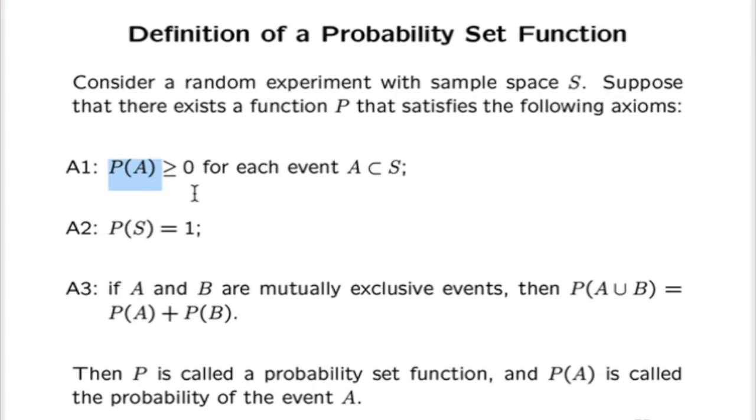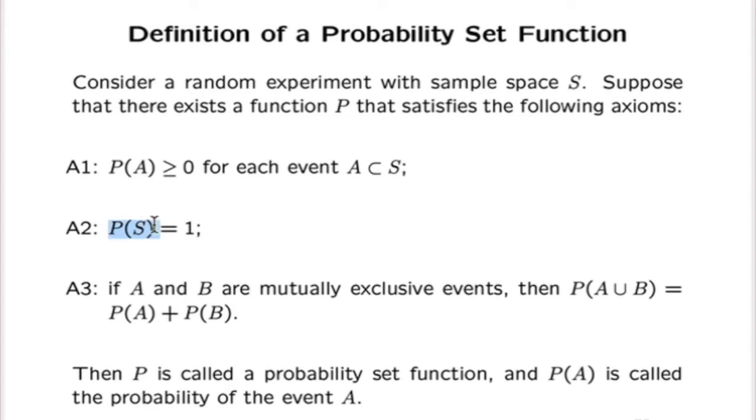Let's think about this for a minute. P is a function that takes arguments that are events, in other words, sets. This function returns a real number, and what we're saying here is that real number is always going to be non-negative, greater than or equal to 0.